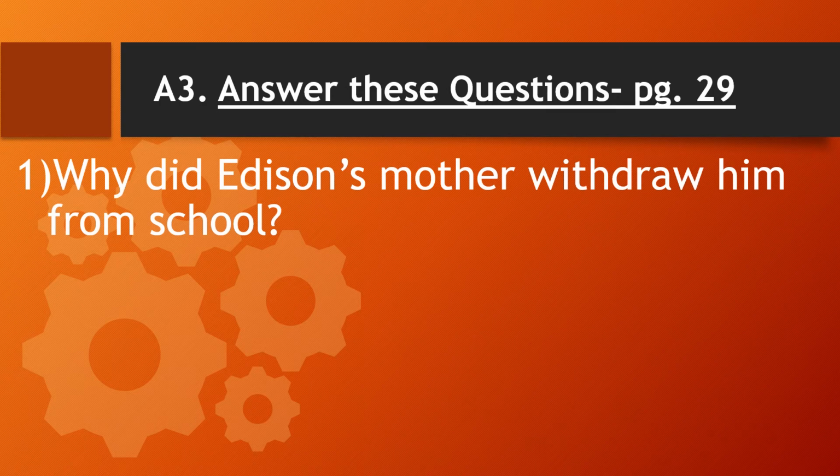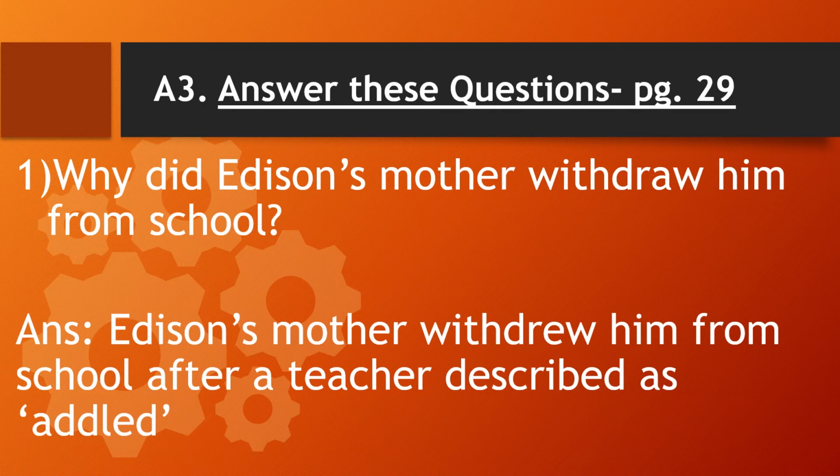The first question is, why did Edison's mother withdraw him from school? Do you remember this answer? We had discussed it in class. Yes. The answer is Edison's mother withdrew him from school after a teacher described him as addled. What was the meaning of addled? Do you remember?